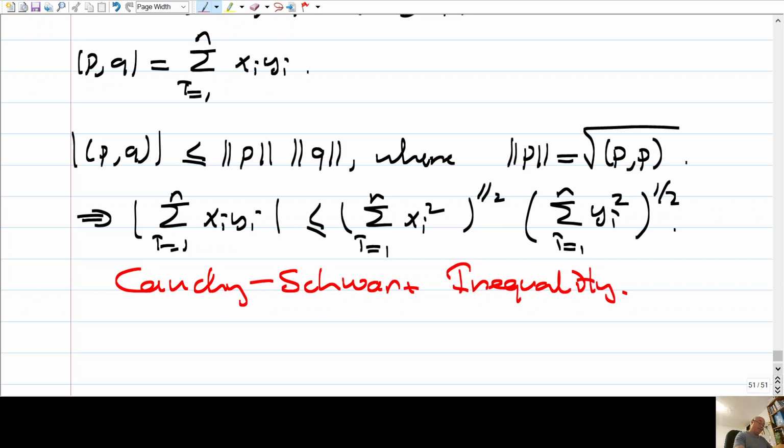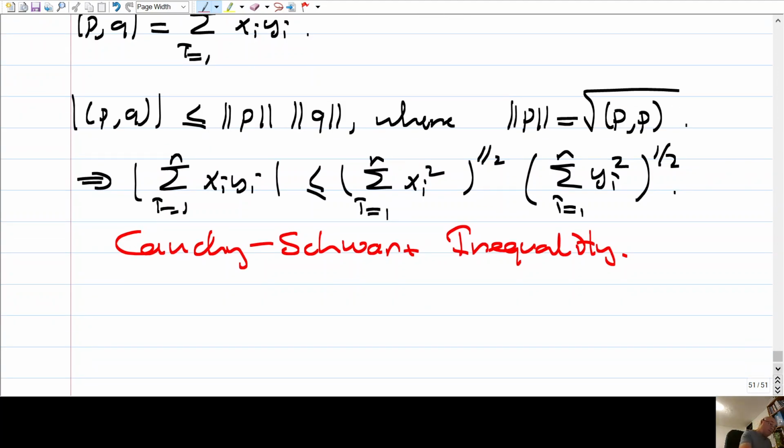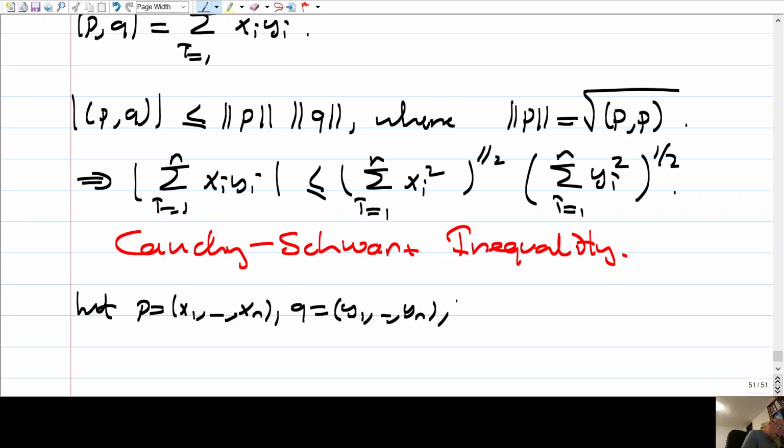Now, how can we prove the M3 property? What was M3? So we'll let P be x1 through xn, Q be y1 through yn, and R be z1 through zn.